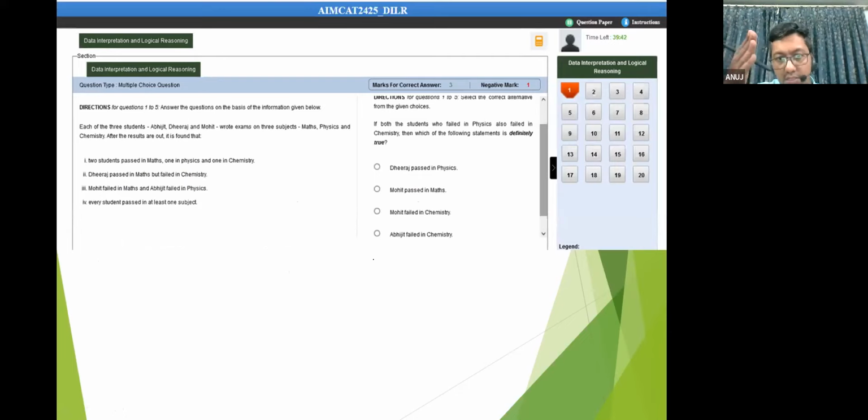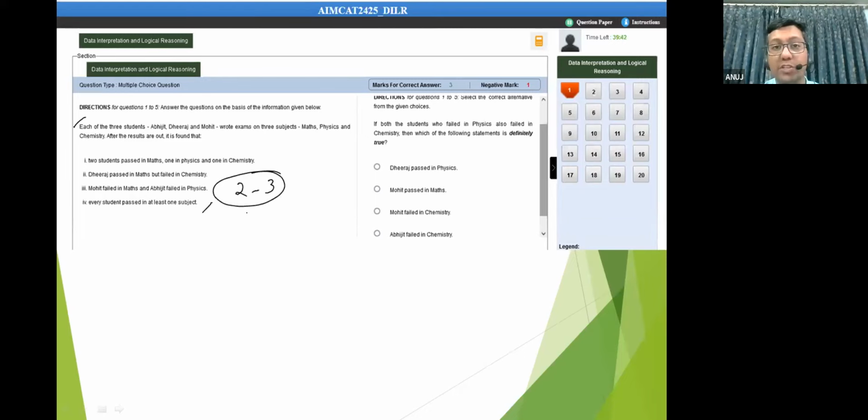Now, look at 2 or 3 parameters when you want to start a set. Parameter number 1, look at the length of the set from this moment to this moment. This set will not take more than 2 to 3 minutes with a good read.